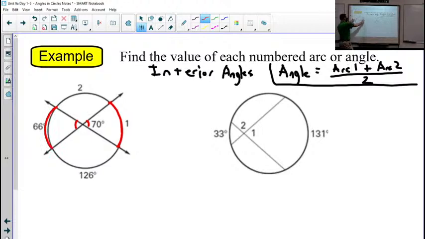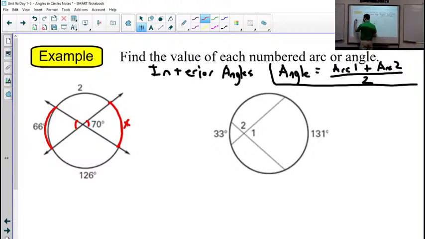So we're tracing out the arcs that are across from each other, and that's what we're going to use in our formula. I'm going to use X for this piece that I don't know here. Here's the angle, and here are my 2 arcs that are traced out from those angles.